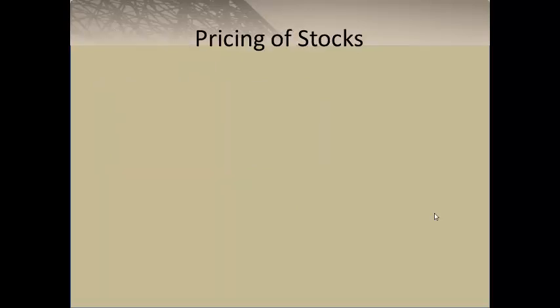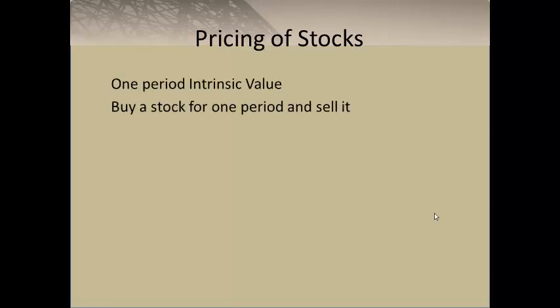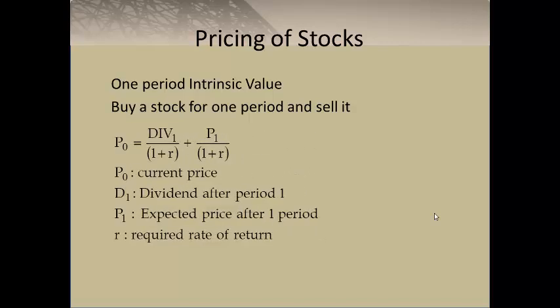Now let's look at the pricing of stocks. In this, we assume that the stock is valued for one period. We bought a stock for one period and sold it. The price is given by Div1 divided by 1 plus r to the power 1 plus the selling price, which we sold it at after 1 year, divided by 1 plus r to the power 1, because both these cash flows occurred at the end of the first year.